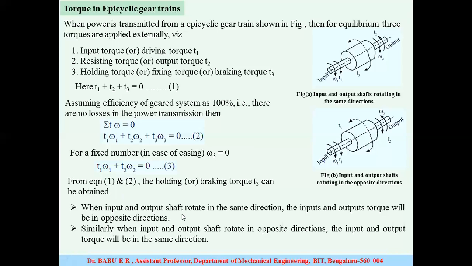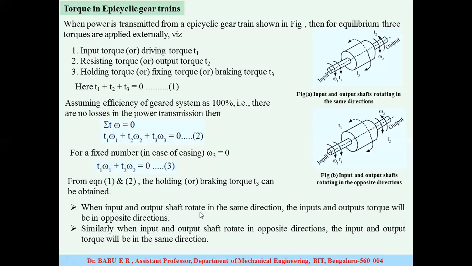When the input and output shafts rotate in the same direction, the input and output torques will be in opposite direction. When you see over here, this is the input shaft, which is rotating in clockwise direction. The output shaft is also rotating in clockwise direction.